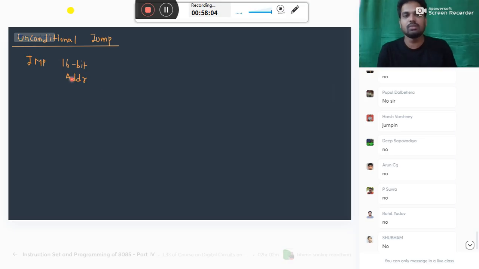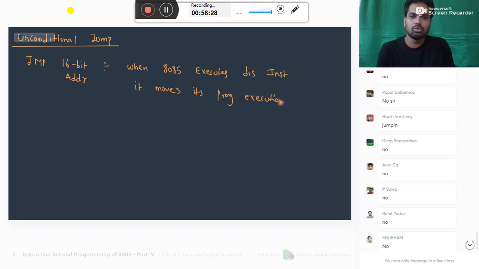When the 8085 executes this instruction, it moves its program execution to the 16-bit address given in the instruction.